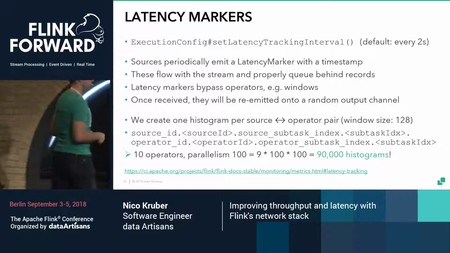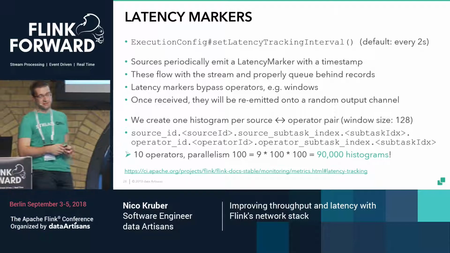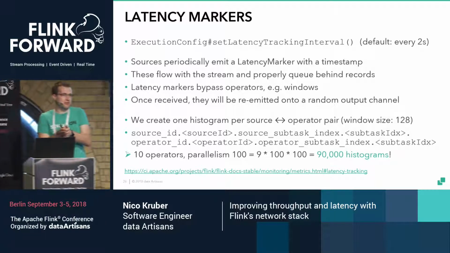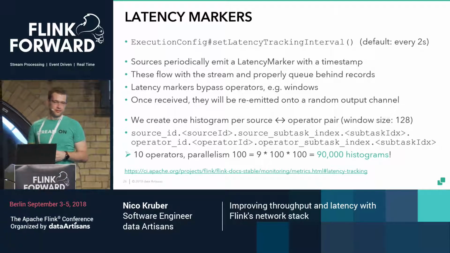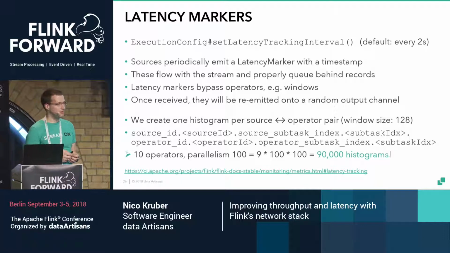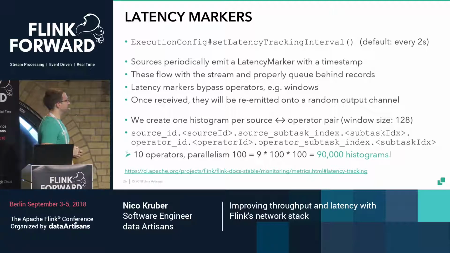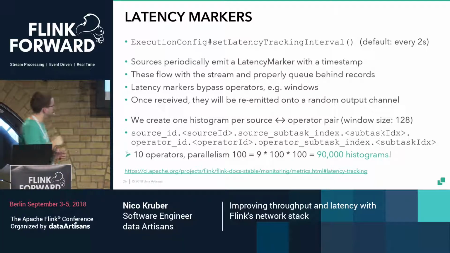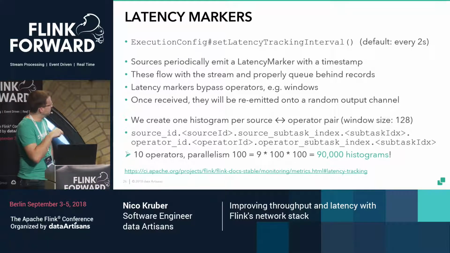At each operator, when we receive a latency marker, we collect a histogram of those latency metrics: the difference between the current time and the starting time of that latency marker. Those will be collected in a histogram with a window size of 128 elements. That metric is exposed as a latency between source ID and source subtask index, and then my operator ID and operator subtask.